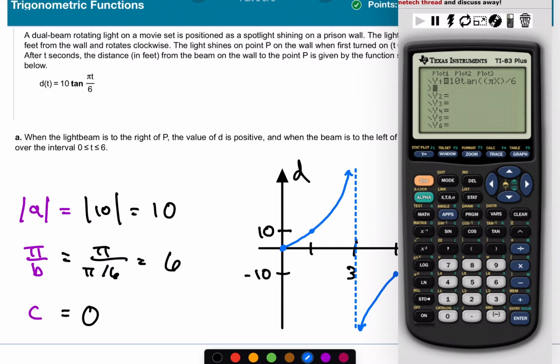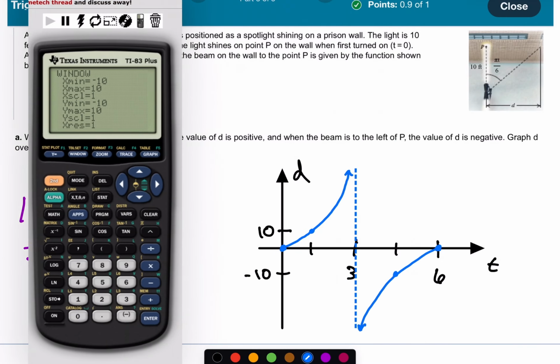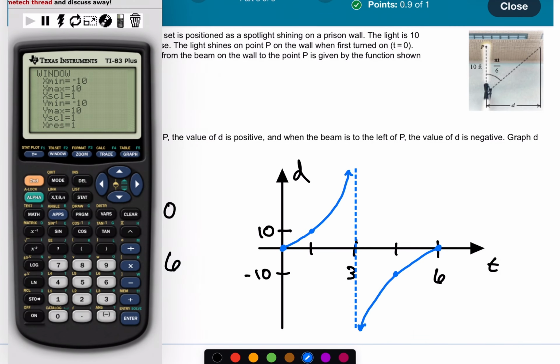And then to match the window, if that's 10, let's have it go up to, so our x values, let's go down to like -1 and up to 7. I just want to go slightly past 6.